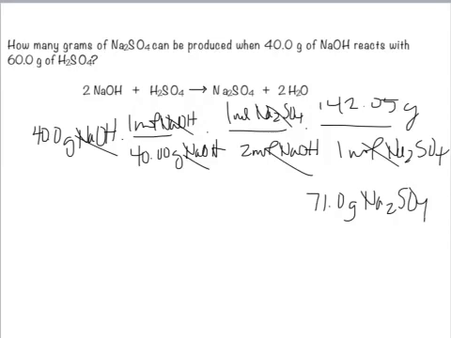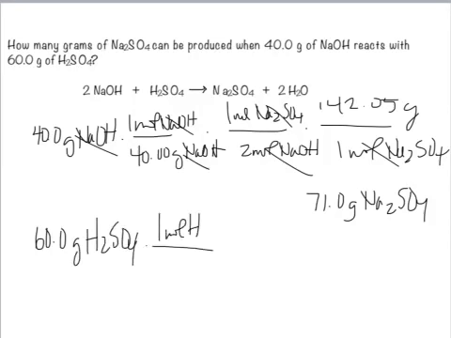Is that my answer? I don't know. So I have to do the other calculation. I'm going to do the same thing. 60 grams of sulfuric acid. I know that every 1 mole of sulfuric acid has a mass of 98.09 grams. Grams cancel.